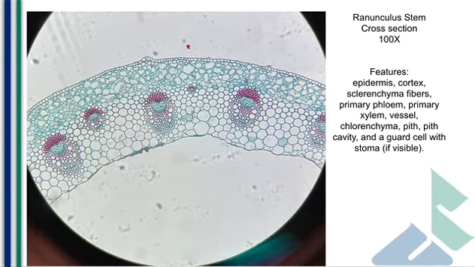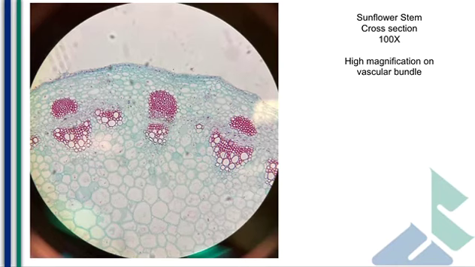Now, just to drive home the fact that all the eudicots are fairly similar, particularly when we're talking about herbaceous growth, we'll take a quick look at a sunflower stem, another stem that will be available to you in the lab itself. Here, just like before, we see an epidermis, we see a cortex, potentially some parenchyma supporting the epidermis with the parenchyma of the cortex below, all of the regularly sized cells, just like we see here in the pith region.